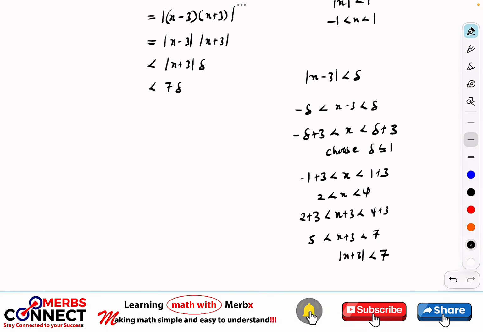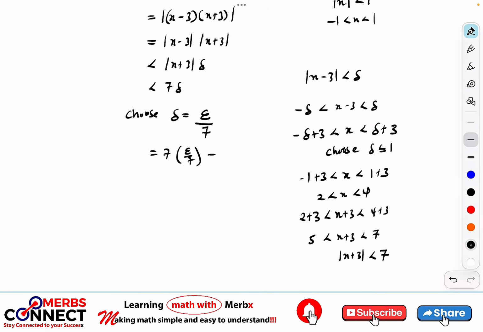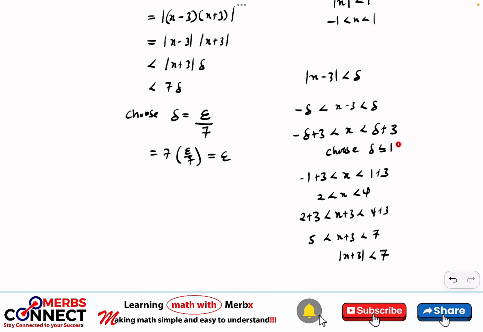And then here, as we did for the first one, I'm going to choose delta to be equal to epsilon. Then I divide it by the coefficient of delta, which is going to be this. So it means I'm going to have 7 times epsilon over this. And this is going to give us epsilon. So no matter the approach that you use, you should be getting the same choice for delta, both of them.